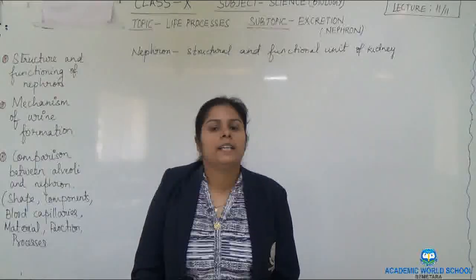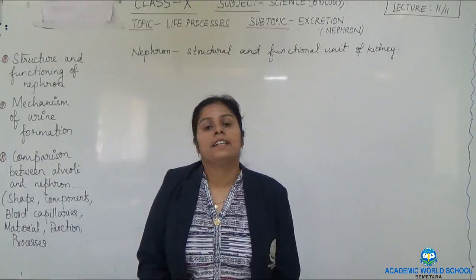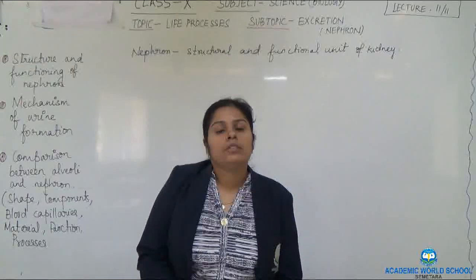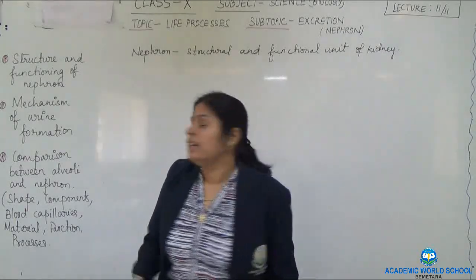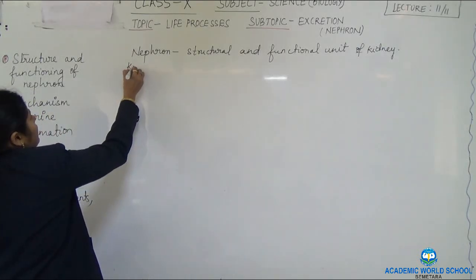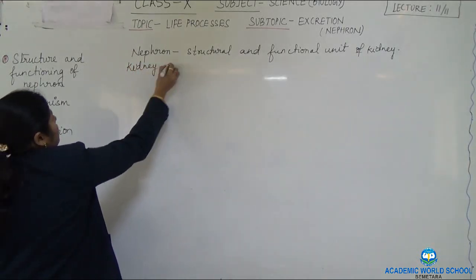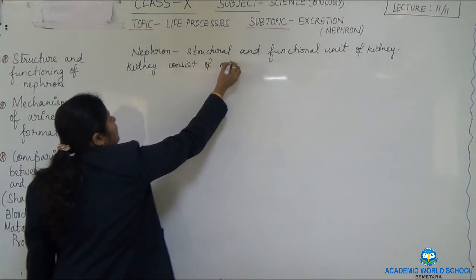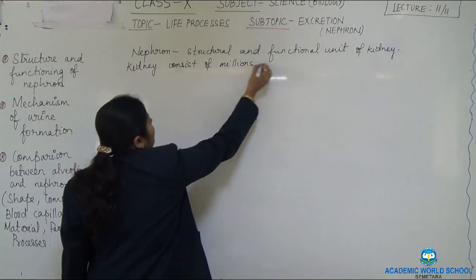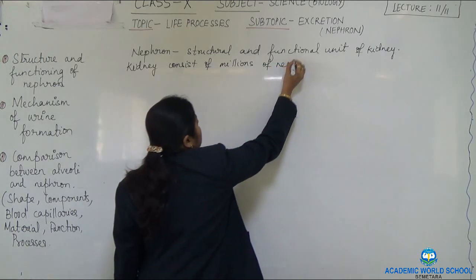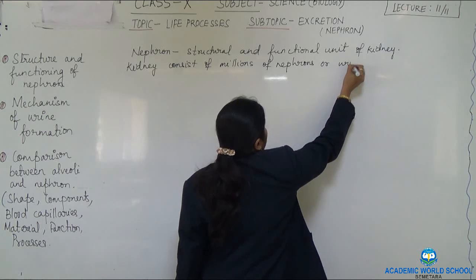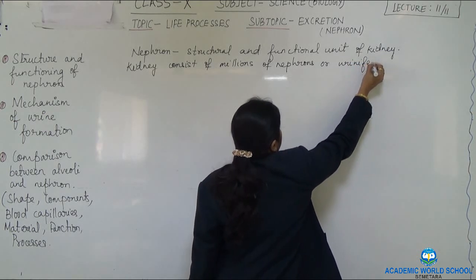Means there are millions of filtering units present which will help in this complex process of filtration. So the kidney consists of millions of nephrons, or it is called uriniferous tubules.